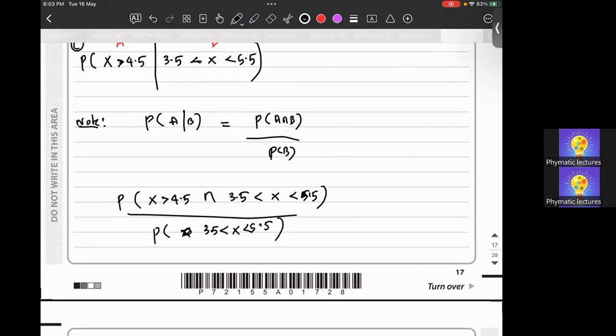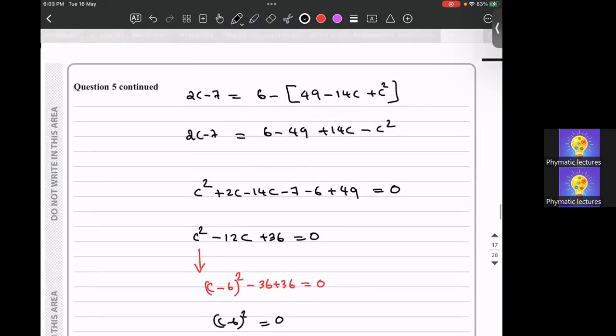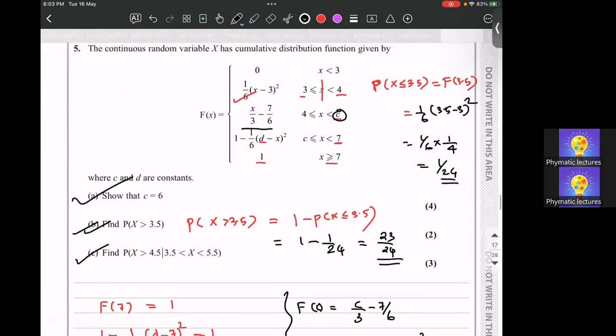So probability of X greater than 4.5. 4.5 is definitely in between 4 and 6.